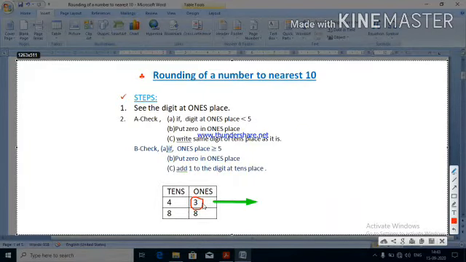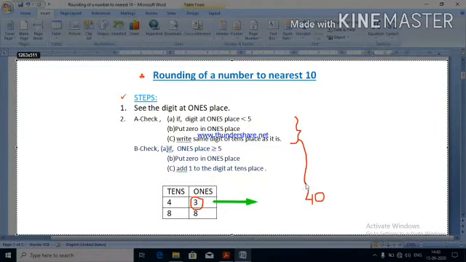Here tens digit is 4. You have to write 4 here. So the rounding of 43 to the nearest 10 is 40.